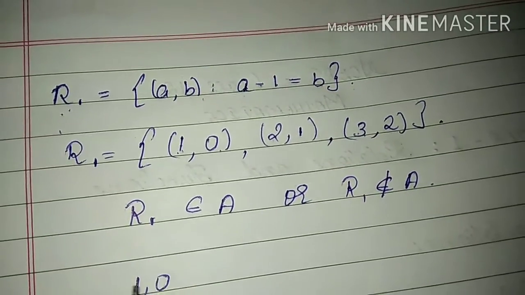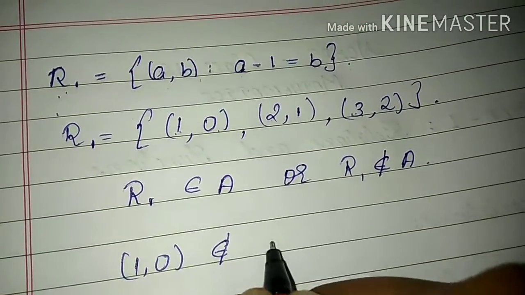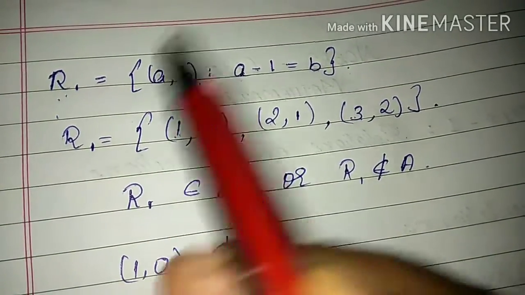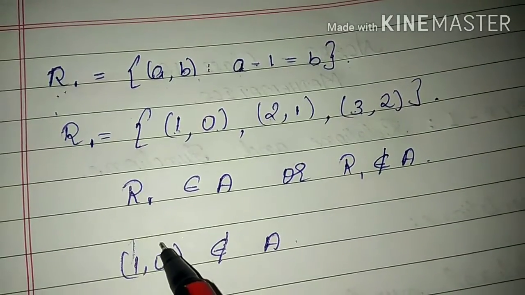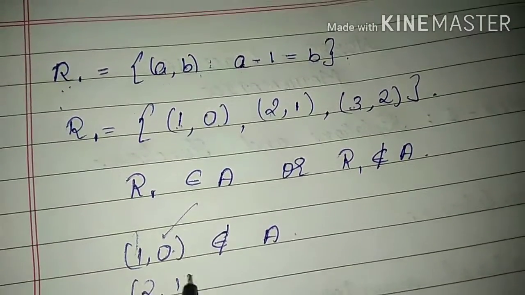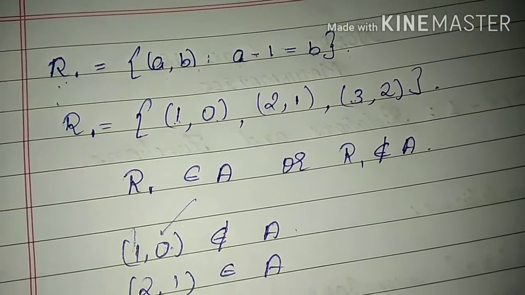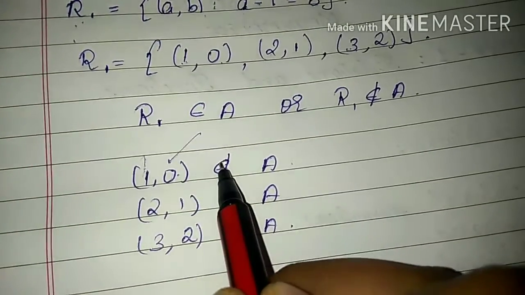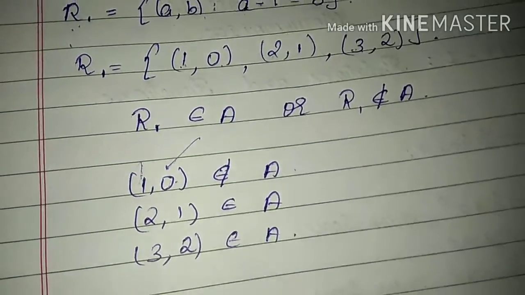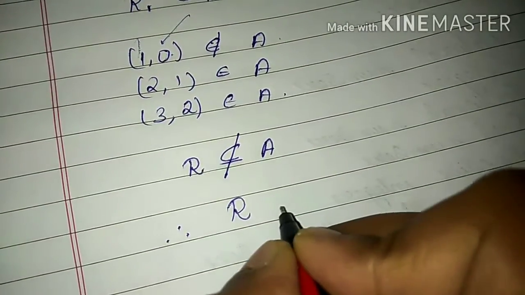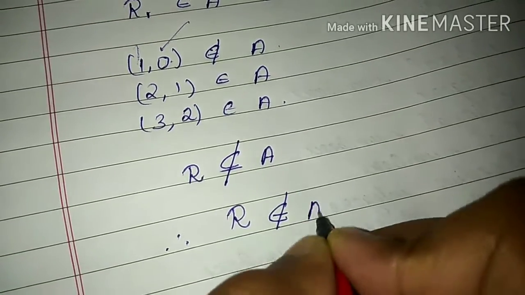So (1, 0) does not belong to A cross A, because there is no 0 in A, and a and b both must belong to A. 0 is not an element of A. Next, (2, 1) belongs to A cross A, and (3, 2) also belongs, but here one element does not belong, so the whole relation is not a subset of A cross A. Therefore we write R1 is not a subset of A cross A.